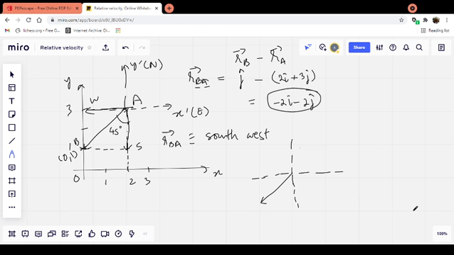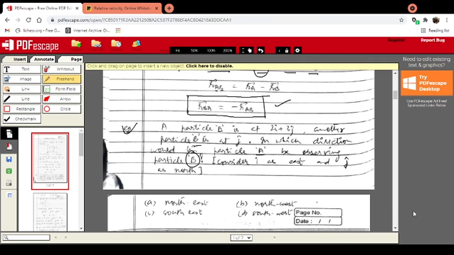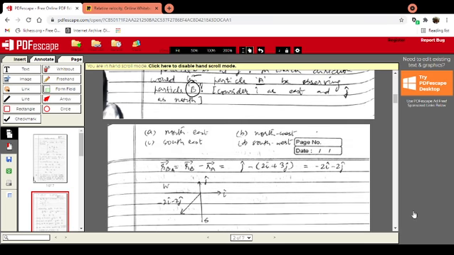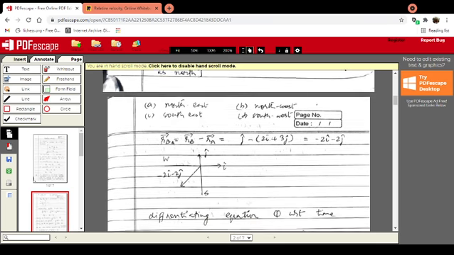This vector would be just like the vector which we have drawn, and this angle would be 45 degrees, and this will represent the southwest direction. This is what is also done in the solution of this particular example, as you can see.